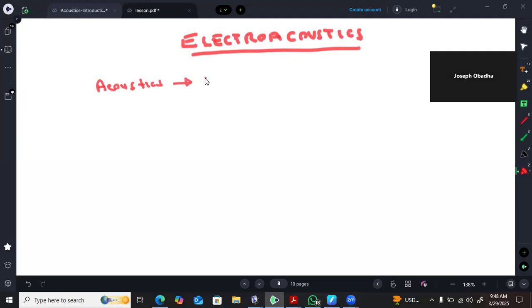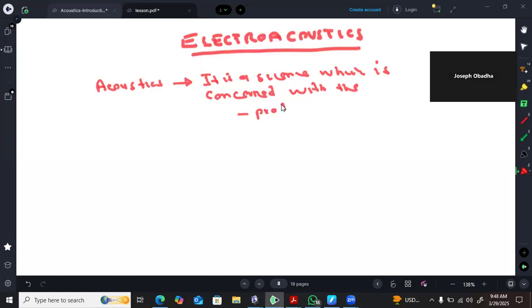So we are saying that it is a science which is concerned with the production of sound, how we produce sound energy, how to control it, and how do we transmit it.